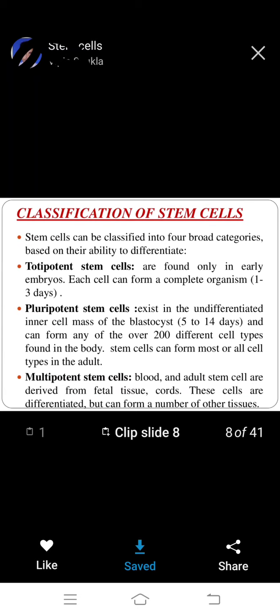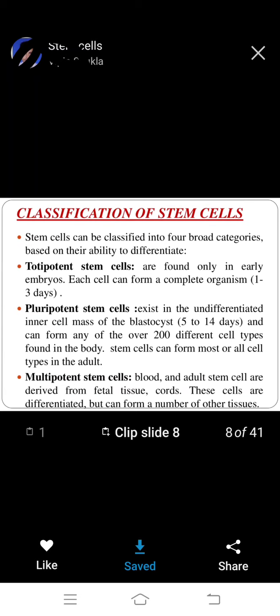Multipotent stem cells can give rise to only a limited number of cell types. For example, blood and adult stem cells derived from fetal tissue and cord. These cells are differentiated but can form a number of other tissues.